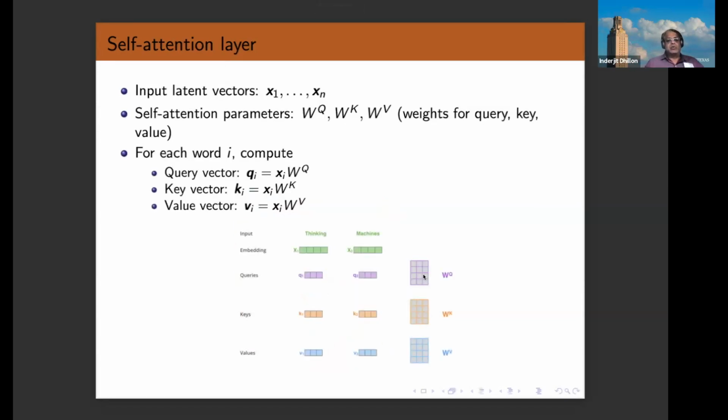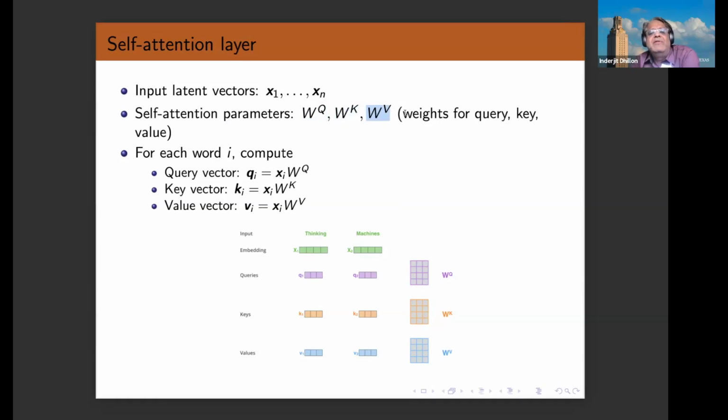Okay, so now let's look more deeply into the self-attention layers. Remember that there's a list of input vectors. Here we are assuming there are n input vectors. The self-attention parameters are going to be 3 matrices: WQ, Q for query, WK, K for key, and WV, V for value.